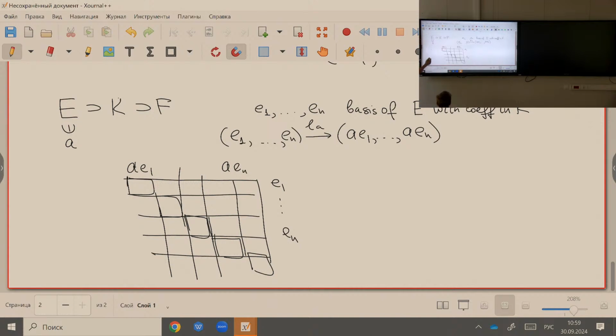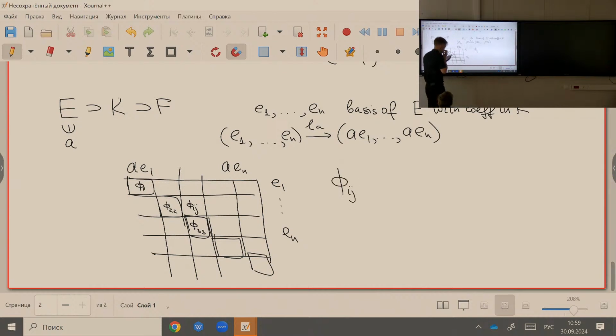And here you are writing down the linear operator. Of course, you are then writing down the matrix. So here, phi 1,1, phi 2,2, etc. phi ij.